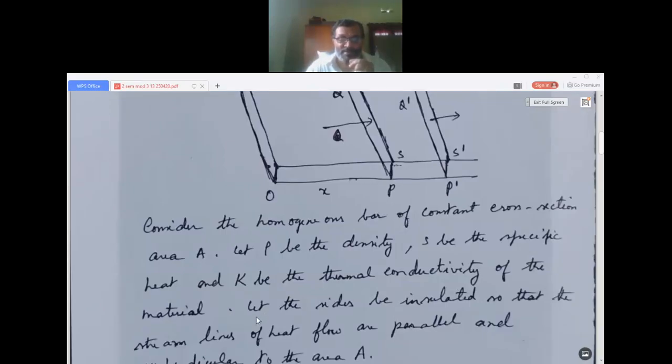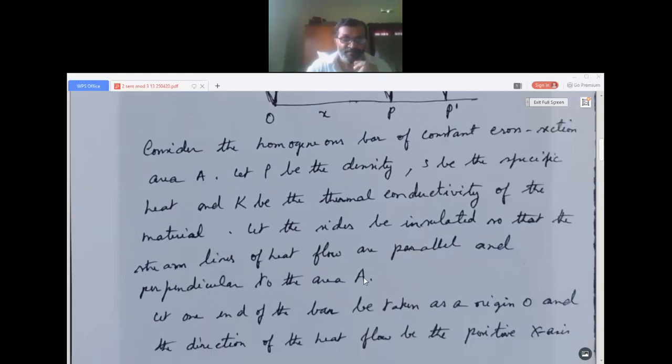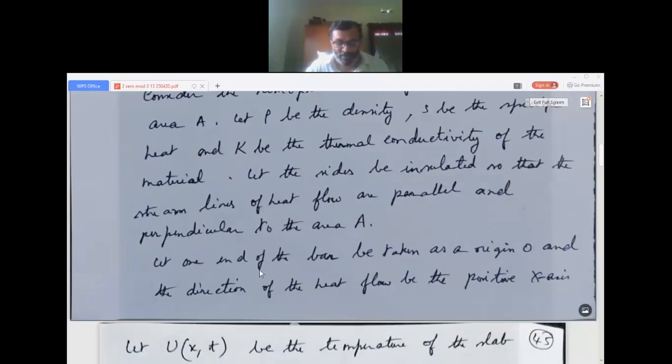Now, let the sides be insulated so that the streamlines of heat flow are parallel. All these are assumptions. The sides are insulated so that the streamlines of heat flow are parallel and perpendicular to the area A. Let one end of the bar be taken as the origin O and the direction of heat flow be the positive x-axis.